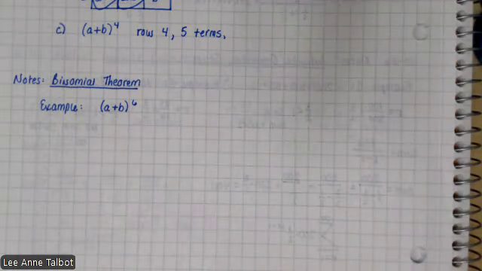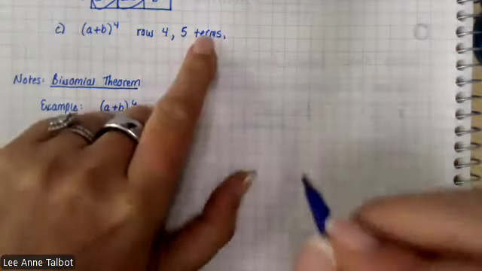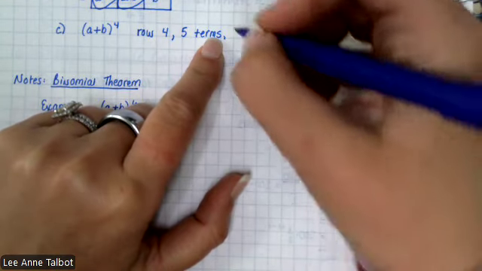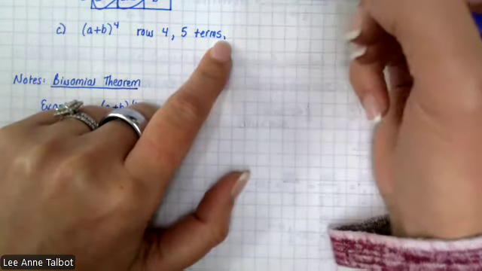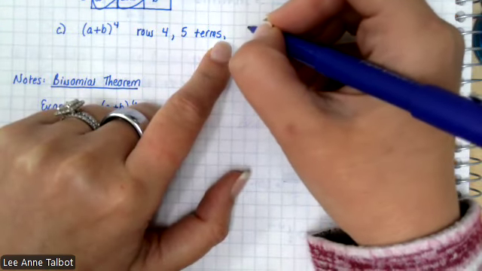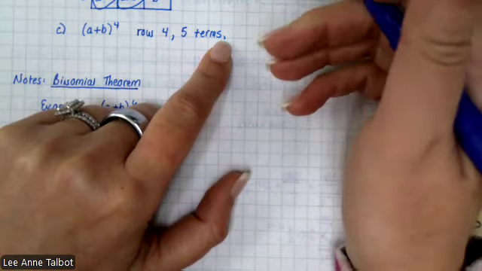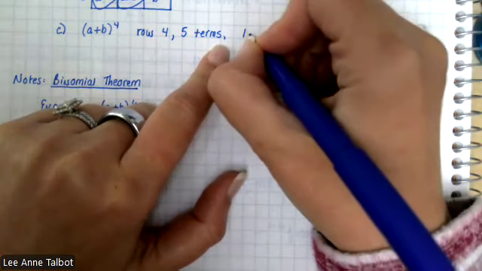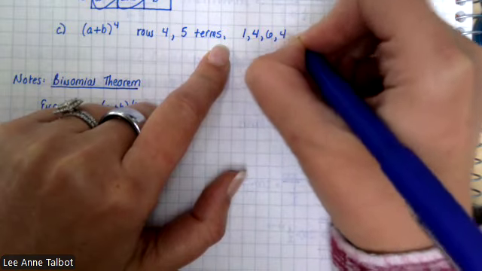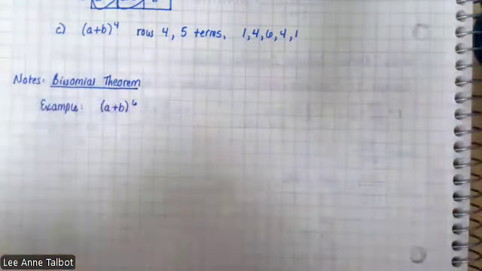Do you see how there's 5 numbers in row 4? Are you with me? Now what are the leading coefficients in row 4? 1, 4, 6, 4, and 1.